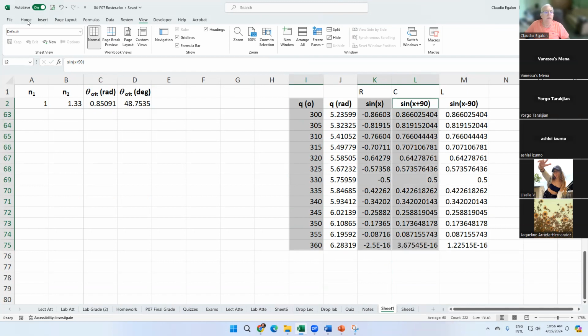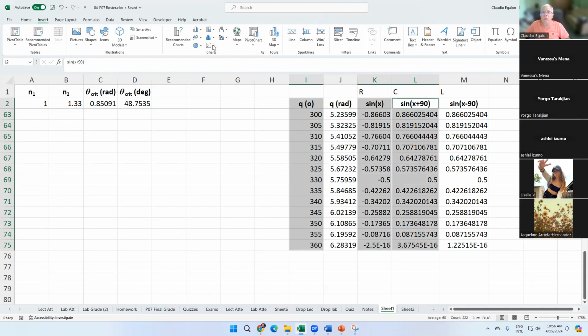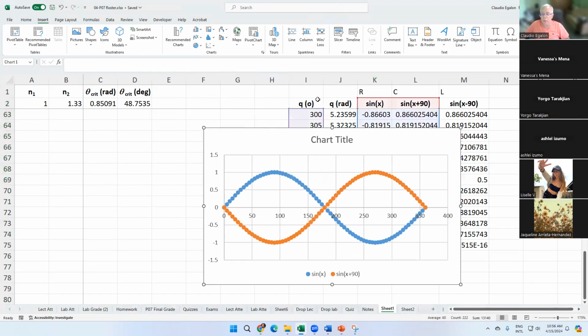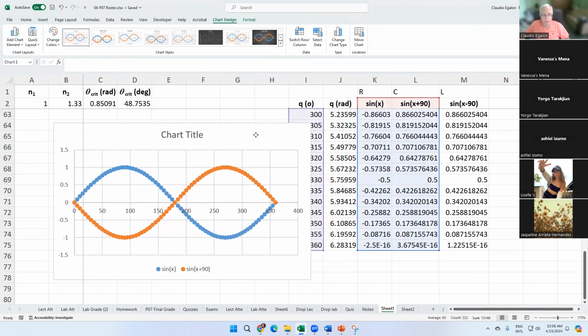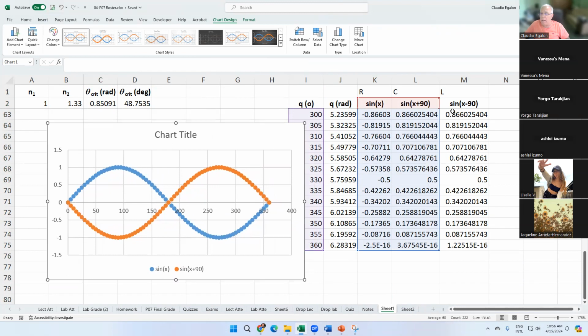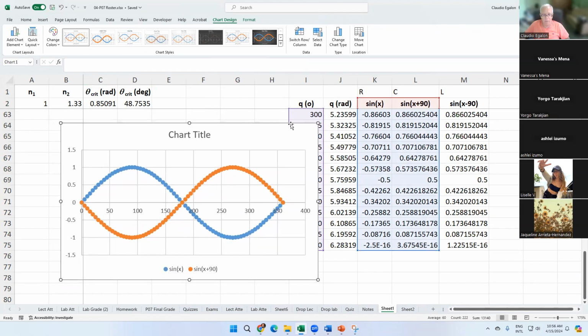So here you go. Insert chart. Did I put plus 90 degrees? Let's compare that with the graph. Here's the voltage, and here should be the current for the capacitor.